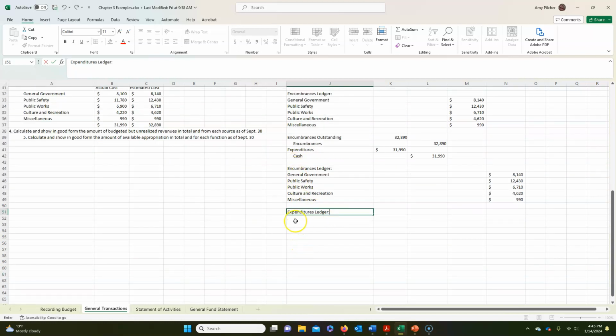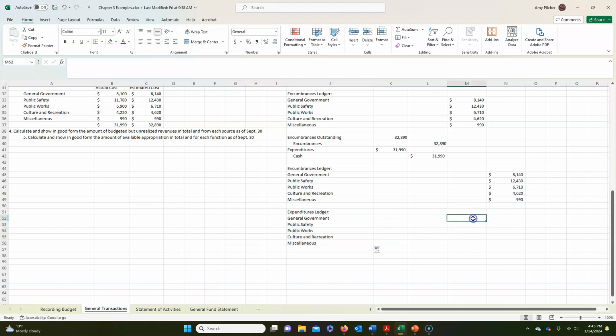Probably copying and pasting those would have just been easier. So now we have the actual costs that get recorded to those accounts for the actual expenditures or expenses.